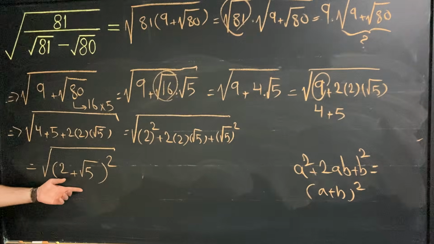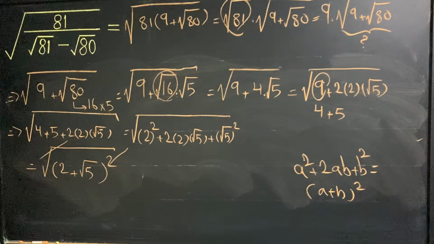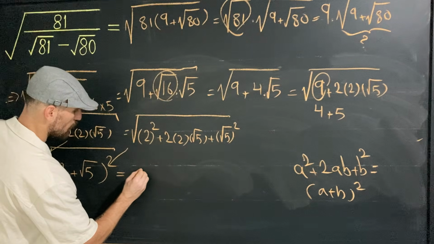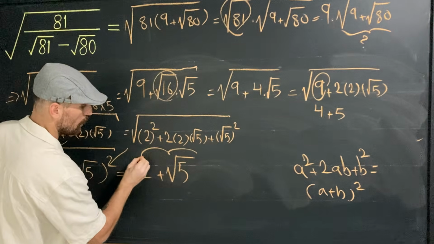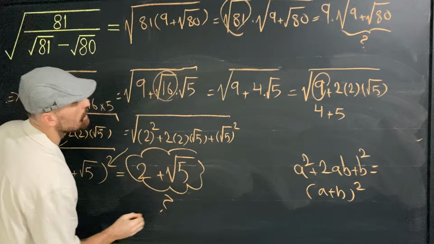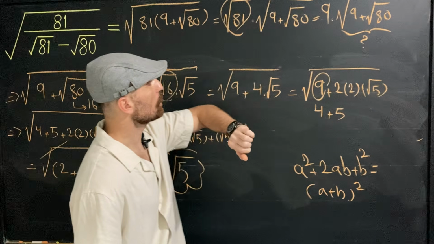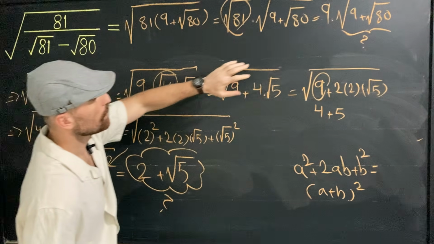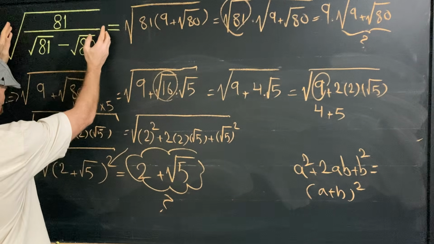So this is our inner part. This 2 as exponent and this 2 as root can be cancelled off. So I write here 2 plus second root of 5. What is this? This is exactly this part. So it is enough. We multiply this 9 by this part to find out the value of this.